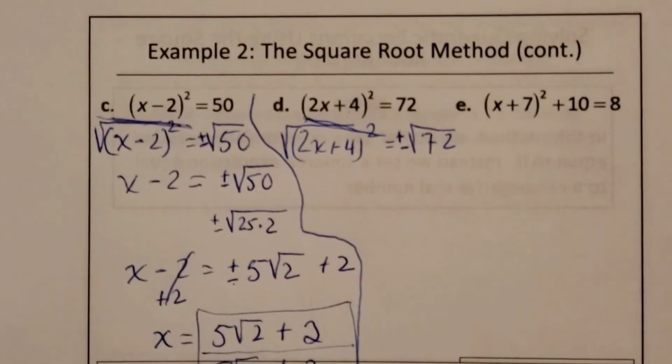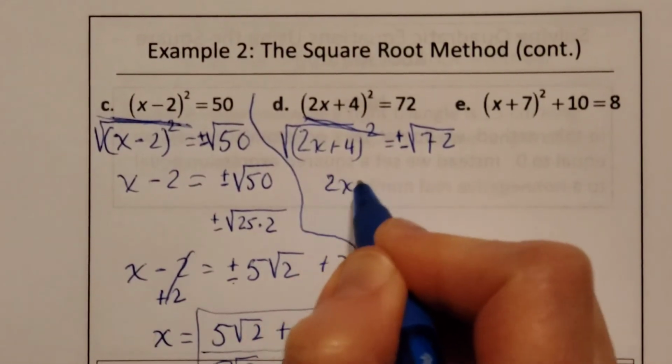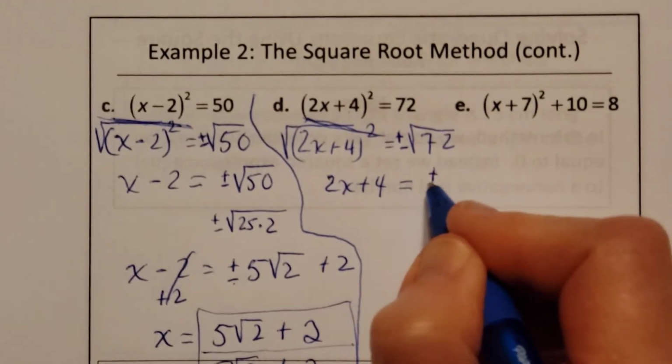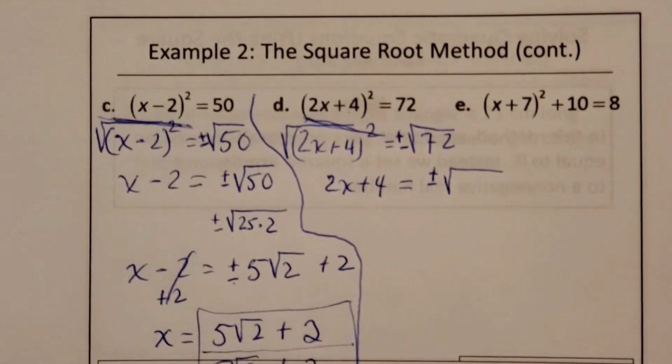So what are we left with under the radical? We're left with 2x plus 4 equals the positive and negative square root of 72. So 72, I'm thinking of the biggest perfect square I could think of that's a factor of 72.